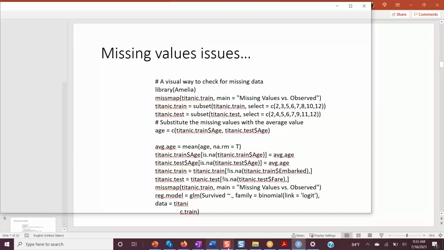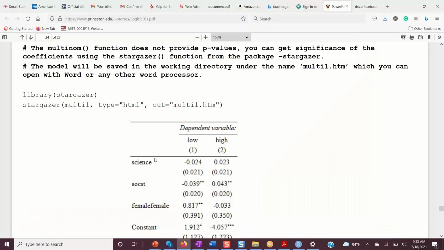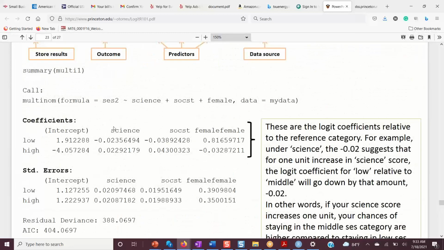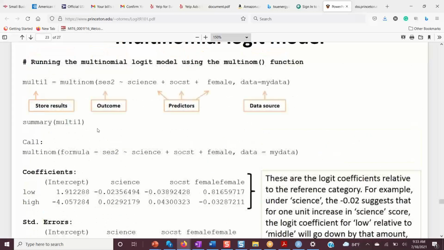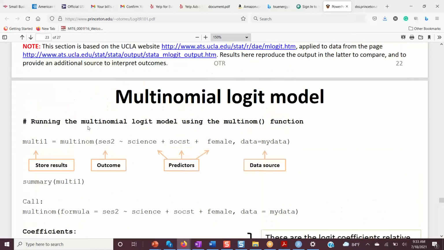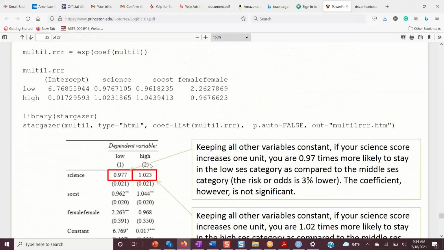Now, let me go back to that presentation. Remember, P class, passenger class.